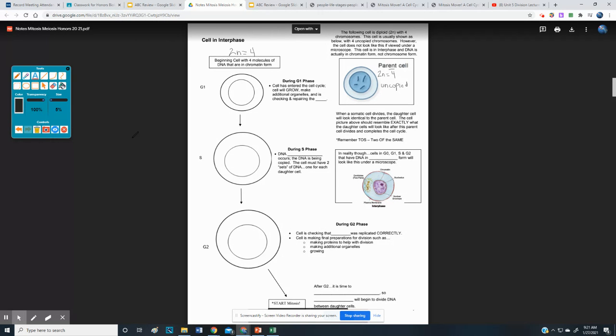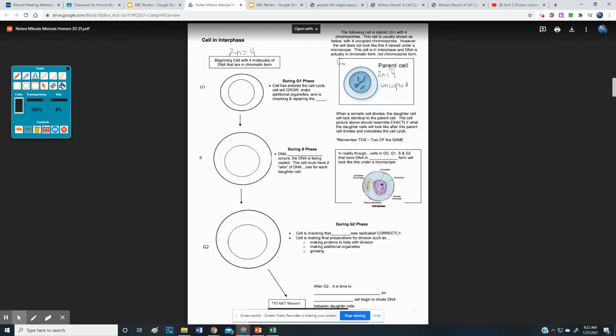But here's the problem. This is where it can get a little bit confusing. If this cell is in G0 phase, okay, if I can take a picture of what this cell looks like in G0 phase with 4 chromosomes, it doesn't really look like this.